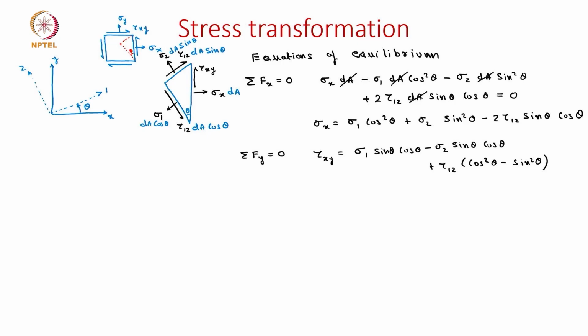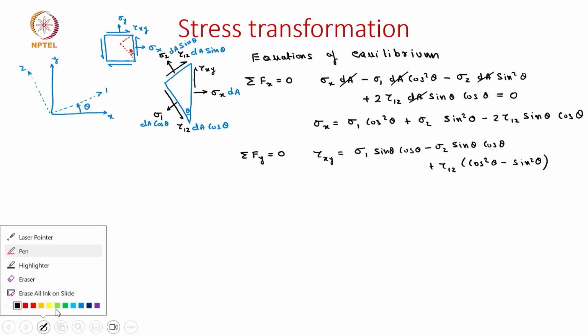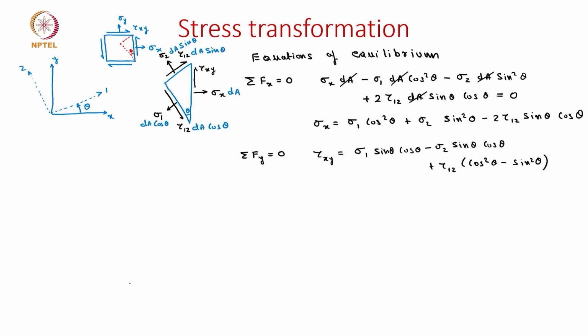For this we need to consider another wedge. So, now let us show another wedge where we can get this sigma y. So, now let us say I make another wedge something like this, and let us say this is the angle theta.